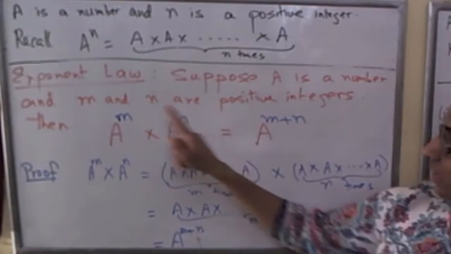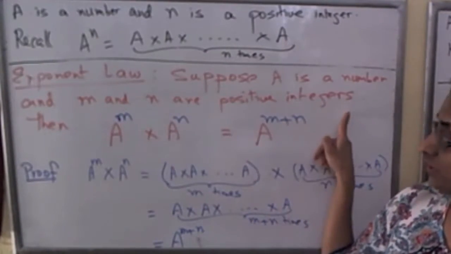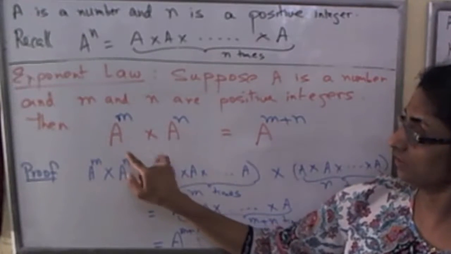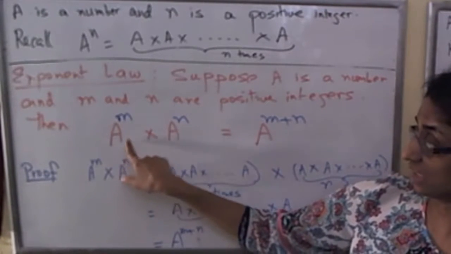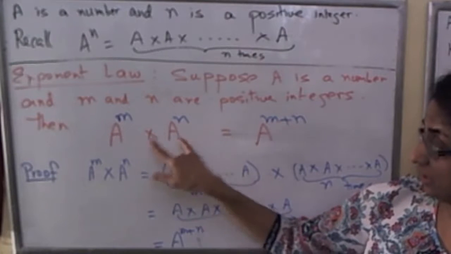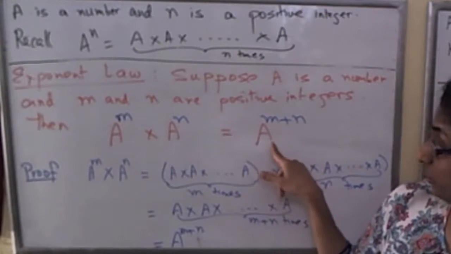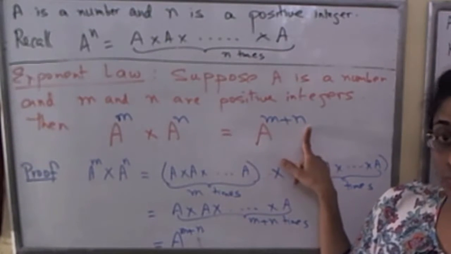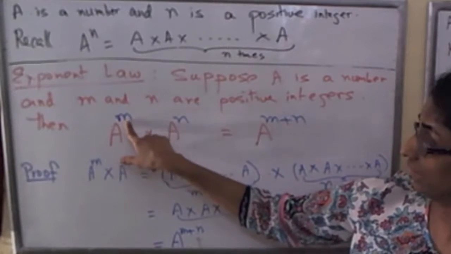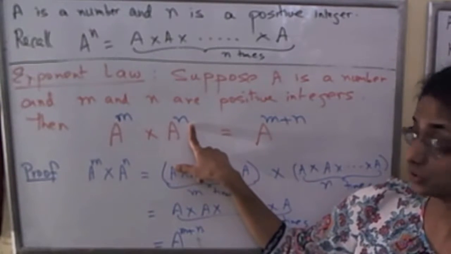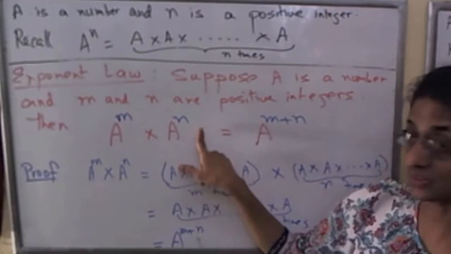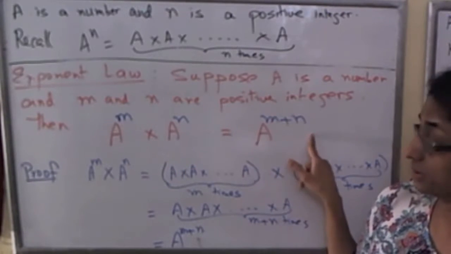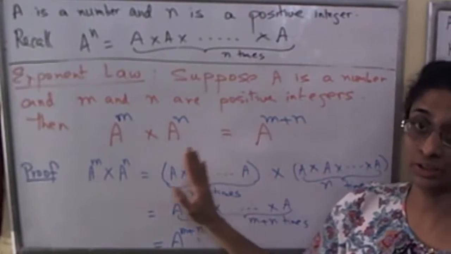Suppose a is a number and m and n are positive integers. Then anytime you see an expression like this, a to the m times a to the n, that is exactly equal to a to the m plus n. Don't forget, a is a number, m and n are positive integers. So this is a number and this is a number, and this is also a number.